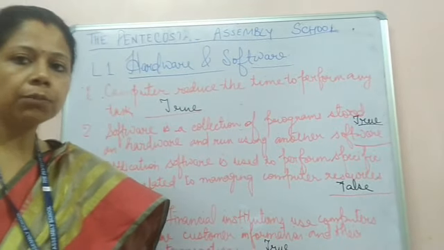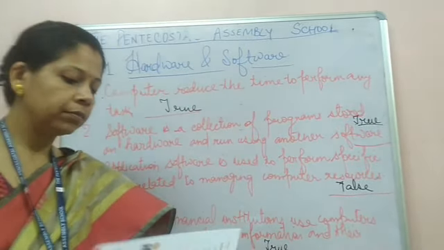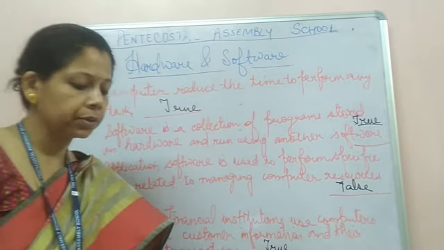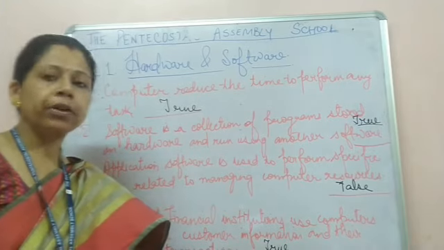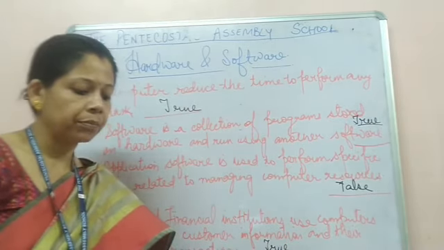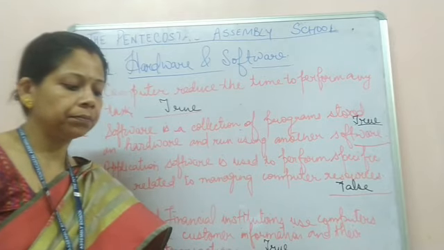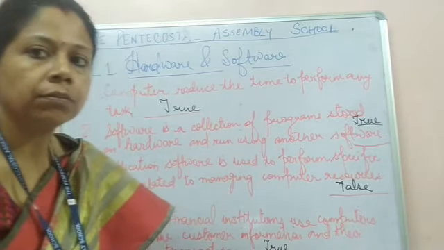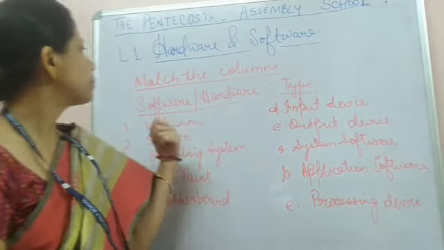Now come to next. Exercise C, match the columns. The hardware and software names are given, and you have to match them with their type. I'm writing it on the board. Students, I have written it on the board.